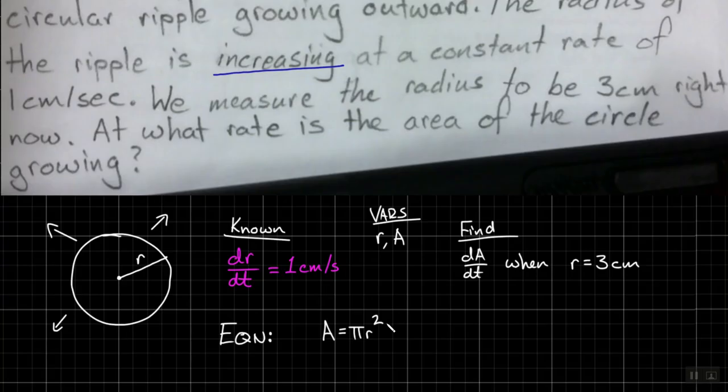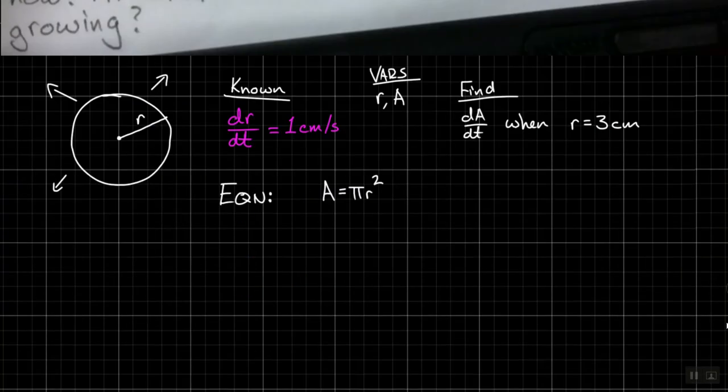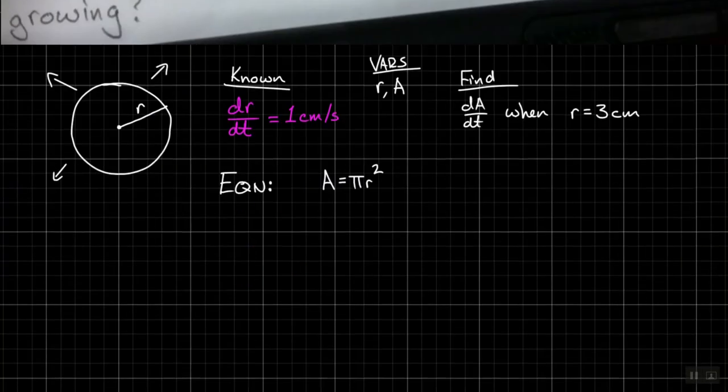So what do we do? Yeah, let's differentiate it with respect to what? So here we go, d dt of these. And let's just do it. What's the derivative of A? dA dt.